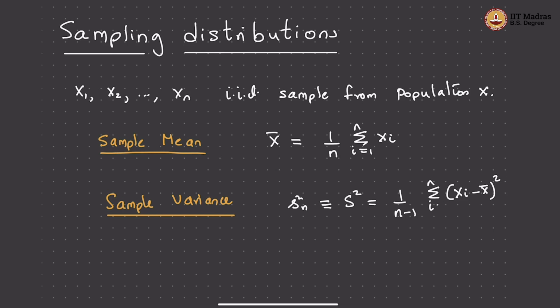So here, this sample variance has two standard things. One is that you take the sample, subtract the mean, the whole square, that's like the variance, sort of. Then we normalize it by n minus 1.